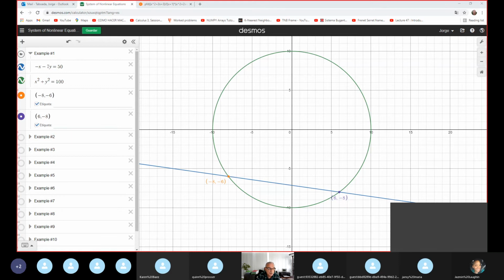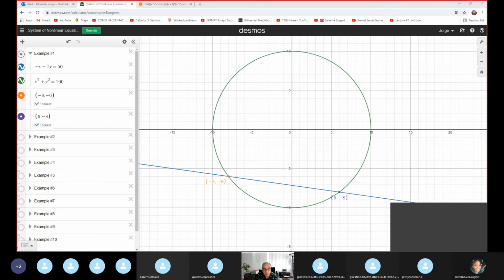Example 2, we are using a similar strategy. Suppose 2x plus y equals 5. Wow, equation 1 is linear. And x squared plus y squared equals 50, equation 2. So immediately you see, well, at least we discovered some rule, no? If it is linear and nonlinear, I take the linear. Solve for the variable that contains coefficient 1 or negative 1, and substitute in the nonlinear one.